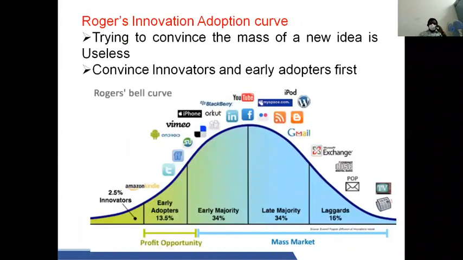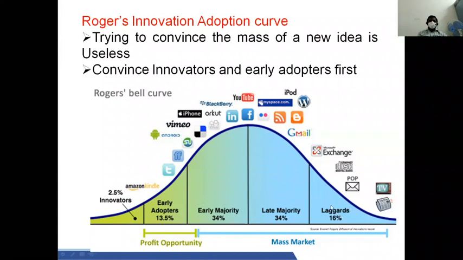Okay, this is an interesting curve which shows the innovation adoption curve. If you look at the first portion, approximately 2.5% of the customers, the initial customers, are known as innovators. Next, early adopters, the percentage is given in this picture. Again, the early majority, late majority, laggards.